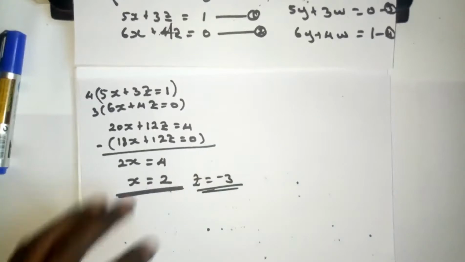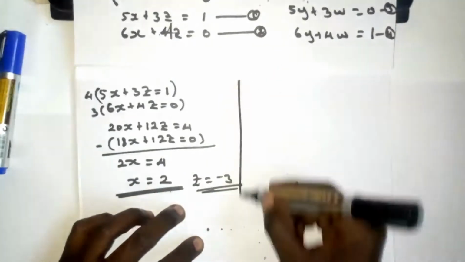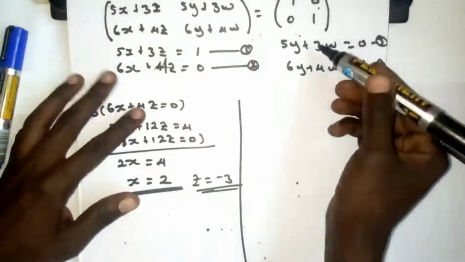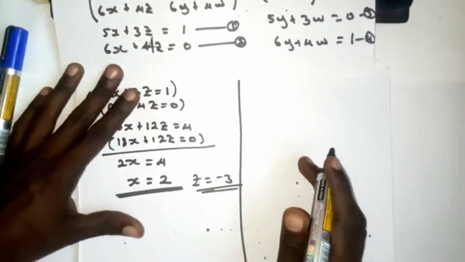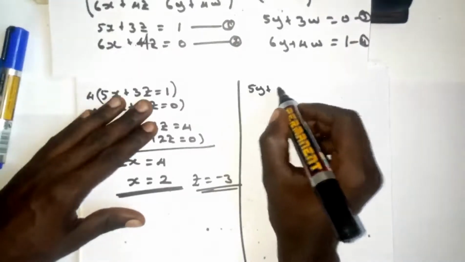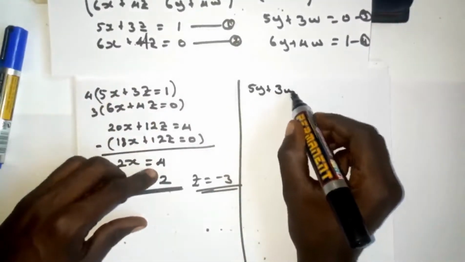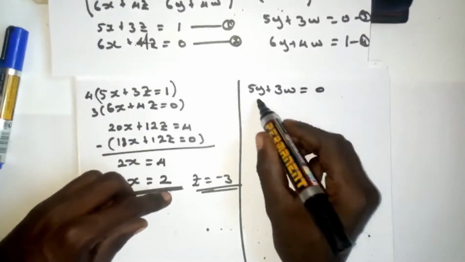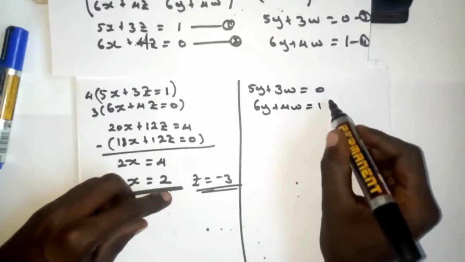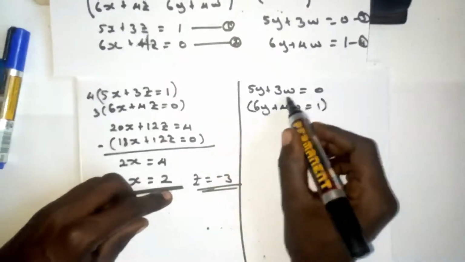Then from there I can solve the other two equations simultaneously also. I'm going to have 5y plus 3w is equal to 0, 6y plus 4w is equal to 1. So I can still eliminate the w here.